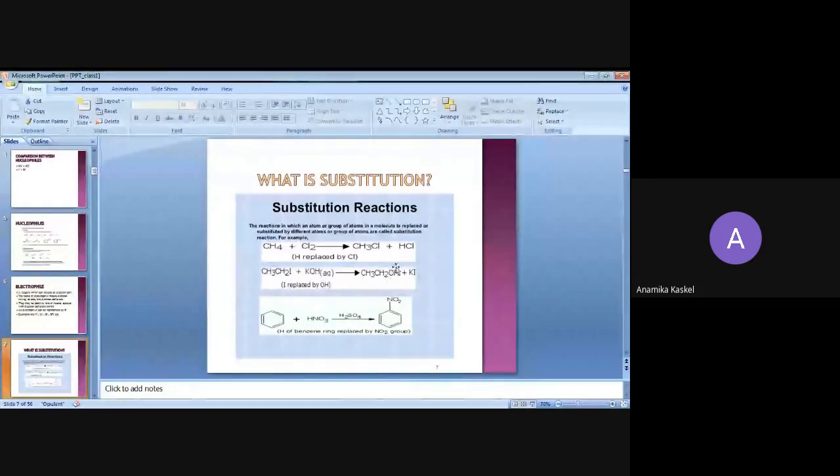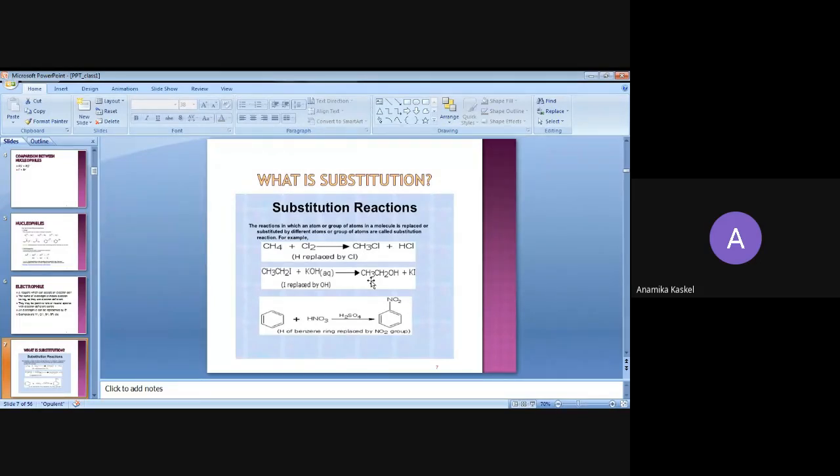This is an example of the substitution reaction, and vice versa is also true. CH3CH2OH, where OH is replaced by I minus, gives the product CH3CH2I. This is also an example of the substitution reaction.